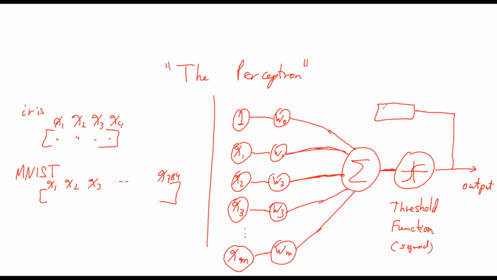So what would be called like the error. Okay, the error, and then here you do the update. So this is called the weight update. Okay, so the weights update.